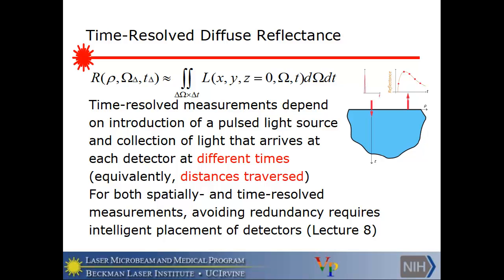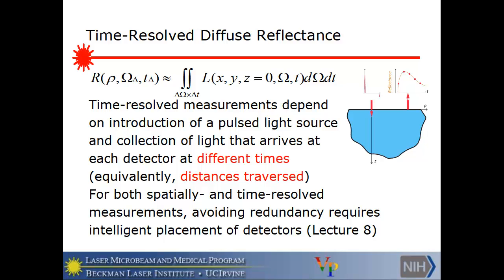computational platforms. In both cases, it's quite clear, and Vasan alluded to this already in his lecture, that you want to put detectors in locations where they're going to be sensitive to the properties you're trying to extract. So if you're interested in absorption spectra, you'll need to be concerned with where those spectra lie. It's a function of wavelength, for example.